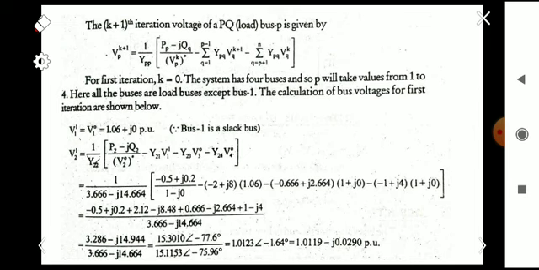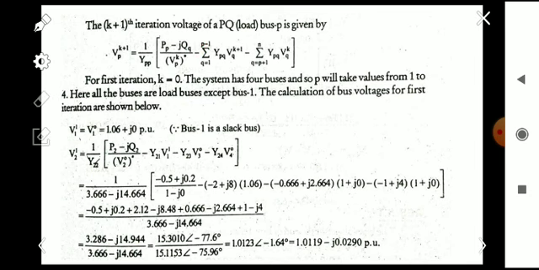We have to use this equation for a number of problems. For the first iteration, the value of k should be 0. So like that we can find the bus voltages, and we have to use this equation clearly. Here one mistake is there in the equation: Pp minus jQp was written as Pp minus jQq.